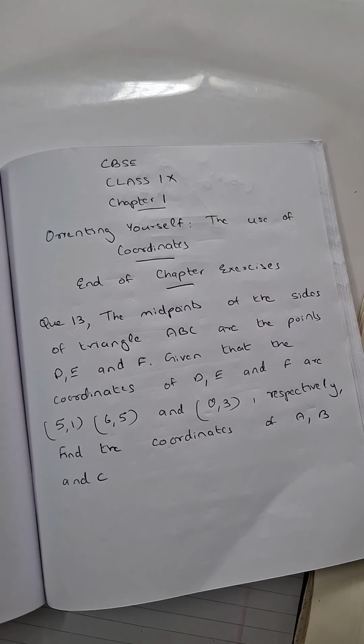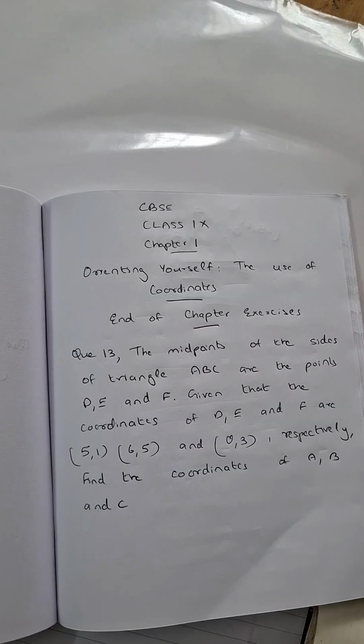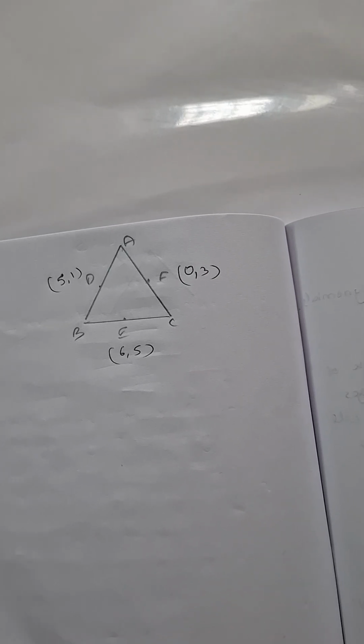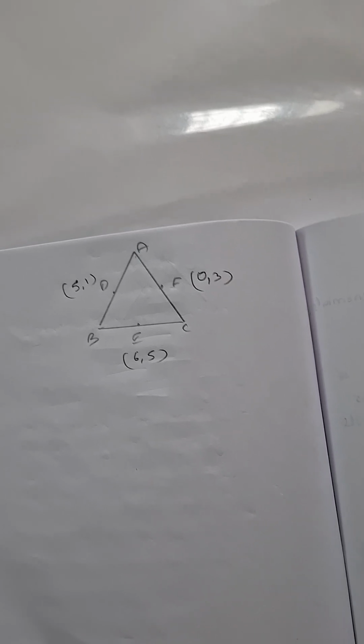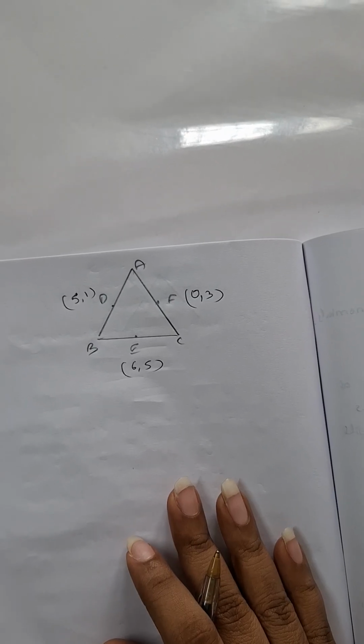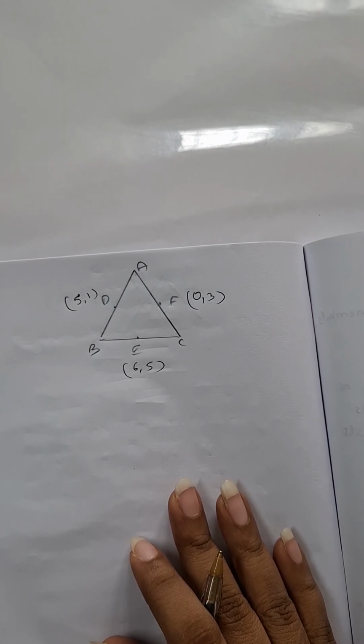So let's draw the triangle. So here is the triangle. I already marked the midpoints and the vertices. So we have to find the vertices.